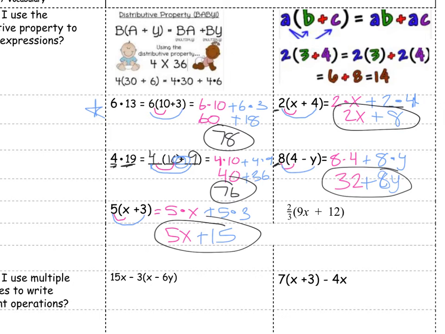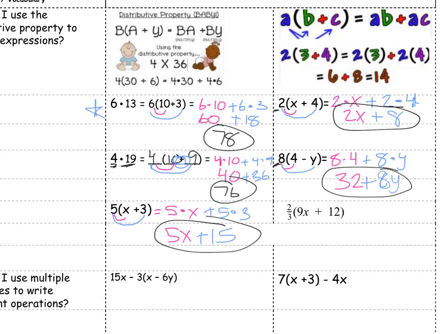Alright, welcome back. So, for this top one, don't forget that 2 times x gets to be 2x, and 2 times 4 is 8. So this is it. We just leave the variables as they are. So then for this one, we have 8 times 4 is 32, and 8 minus y, 8 times negative y.